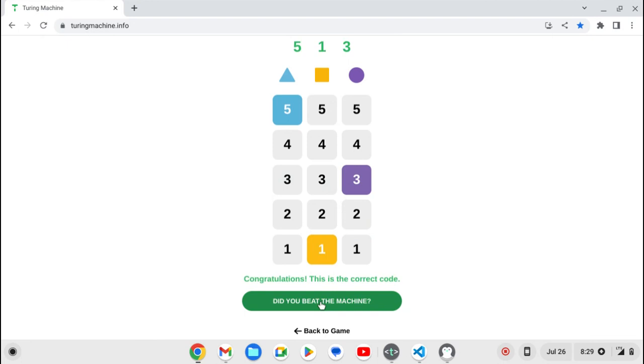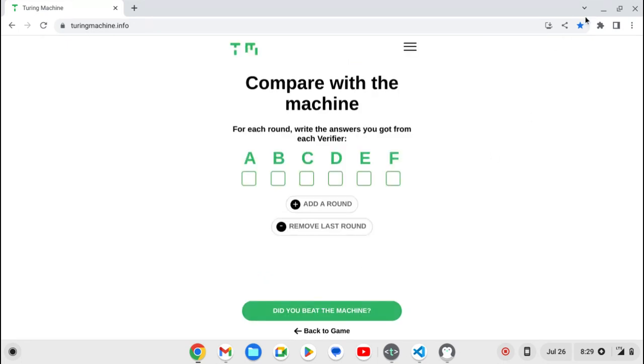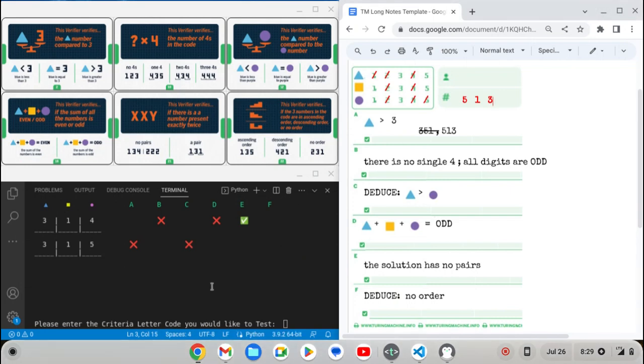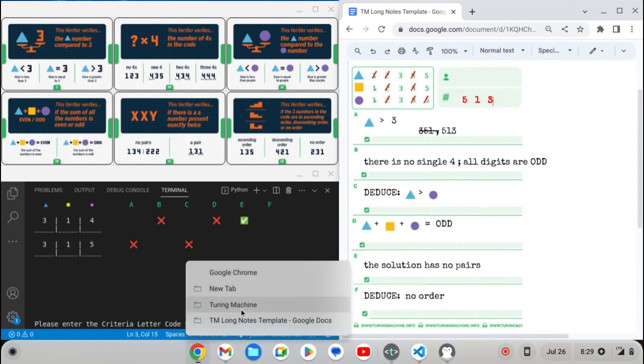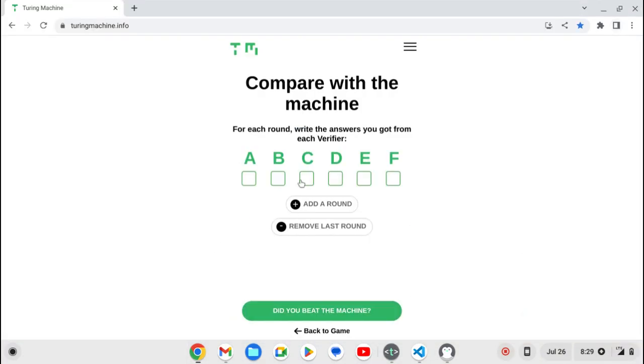513. Excellent. And now let's verify how we did versus the Turing Machine. And we did do it in 5, so that's always good. So we skipped F. First round was B, D, E, and then A and C in the second one.